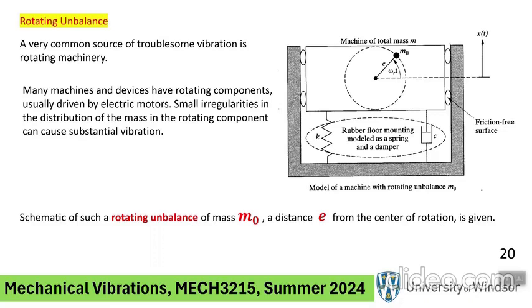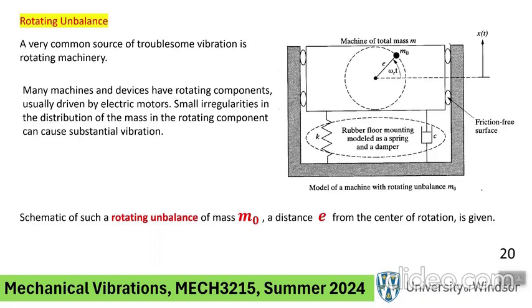But you can calculate the mass of whatever is rotating, and find out where the mass center is. So pretend it is a lumped mass at that mass center, which is a distance e from the center of rotation.